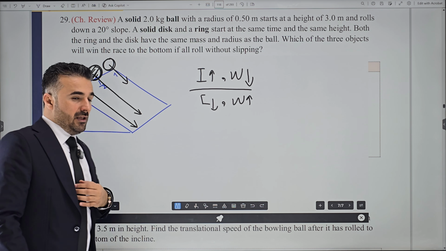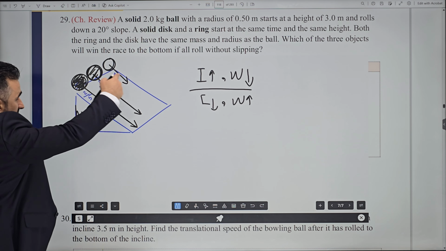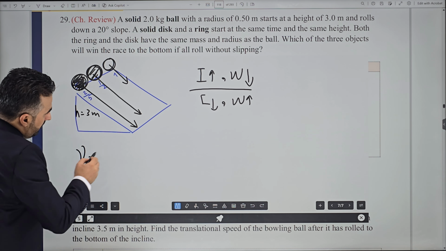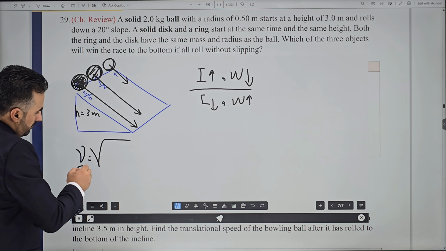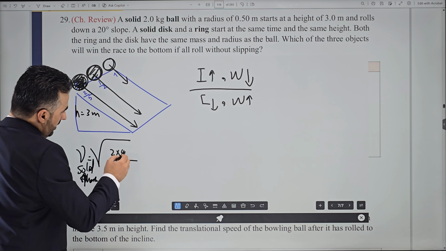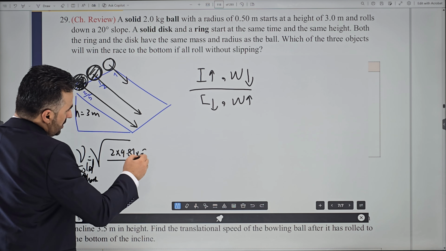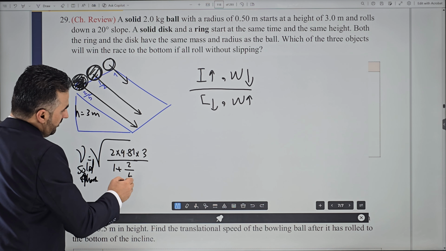Each one of these has the same mass, the same radius, and they are falling from a height of 3 meters. So what equation do we use? Because each one of these is rolling down, we can say V for a solid sphere is equal to the square root of 2gh, which is 9.81 times the height, which is 3, divided by 1 plus 2/5, right?